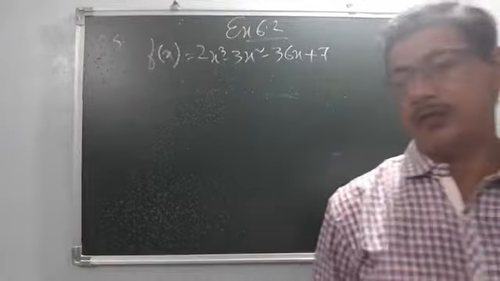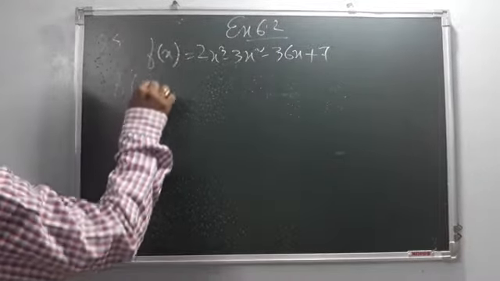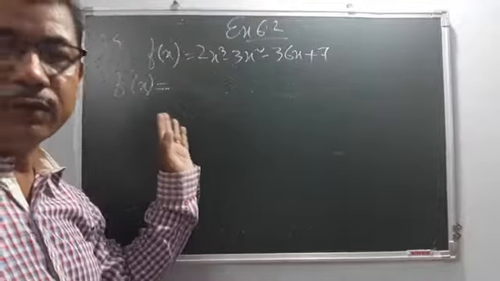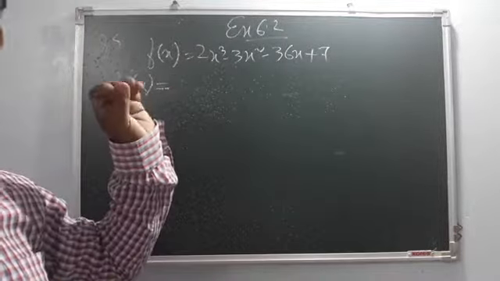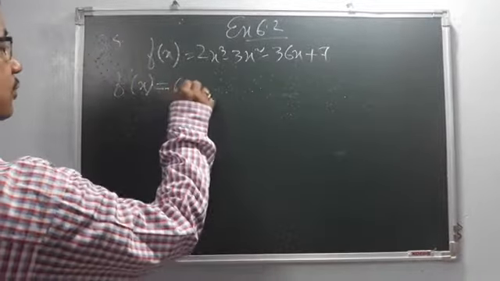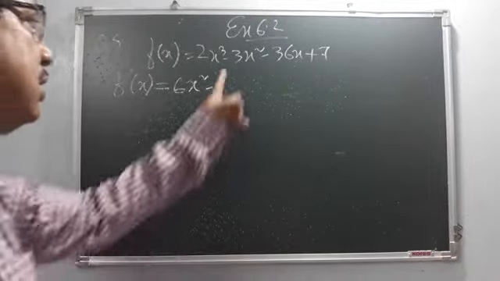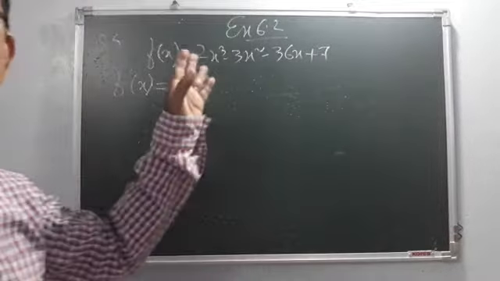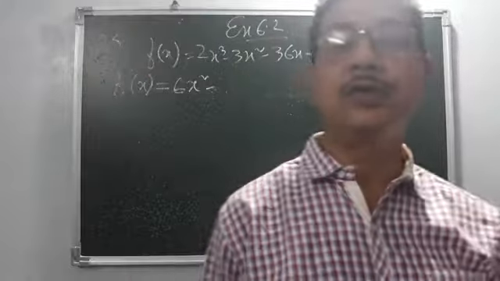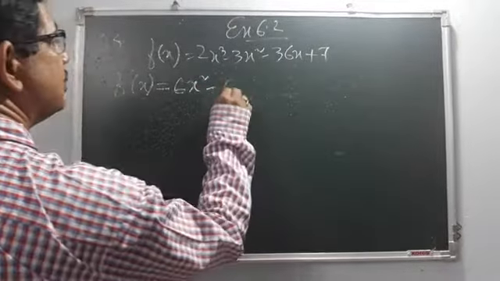So now f'(x) will be the differentiation of these terms with respect to x. 2 is constant, it will come out, x³'s differentiation is 3x², so 2 times 3x² is 6x². Minus 3 is constant, it will remain the same. x², its differentiation is 2x, so 3 times 2x is 6x.